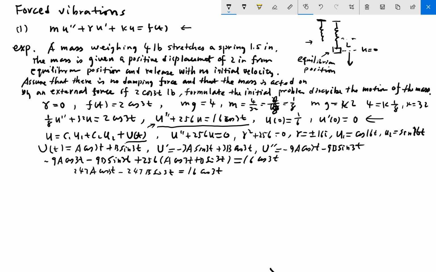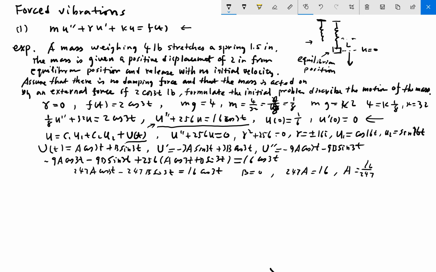On the right hand side, there's no sine 3t, therefore b must be 0. And to make the left hand side equal to the right hand side, 247a should equal 16, right? So therefore our a here is 16 over 247.